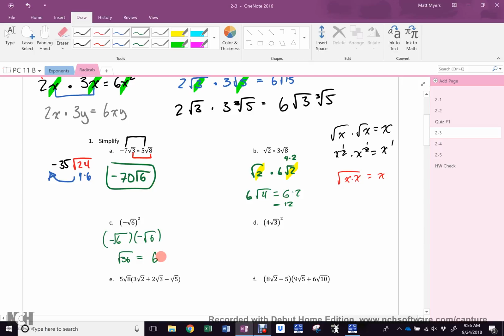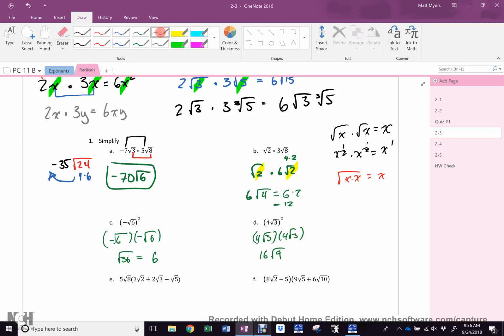Okay, what's different about D? It's almost the same thing. What makes it different? It's got a coefficient, right? So that 2 means the whole base happens, right? Which is 4 root 3 times 4 root 3, which you know is 16 root 9, technically, but at this point, you guys are probably okay to say root 3 times root 3 is 3, right?